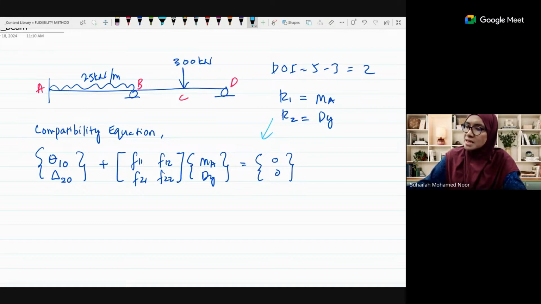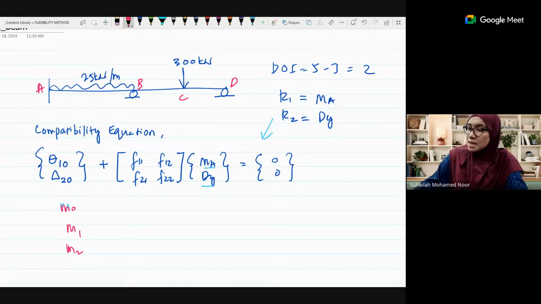So in the compatibility equation, there are 2 redundants, MA and DY, and we will determine this MA and DY by solving the compatibility equation. Inside the compatibility equation, all 6 displacements come from 3 systems. Look at the labels in this compatibility equation: we have M naught, then M1, M2.